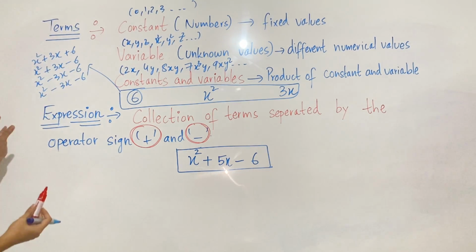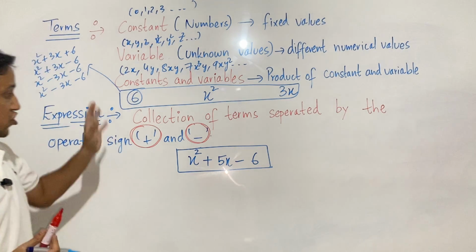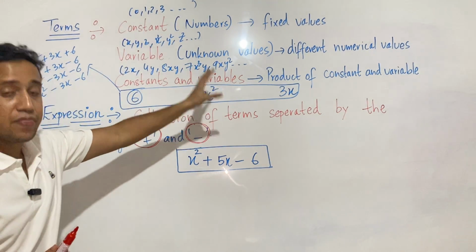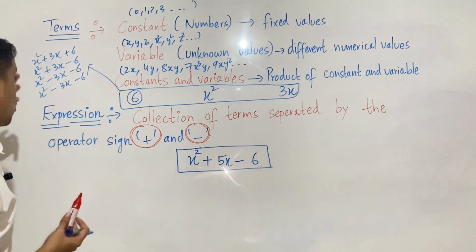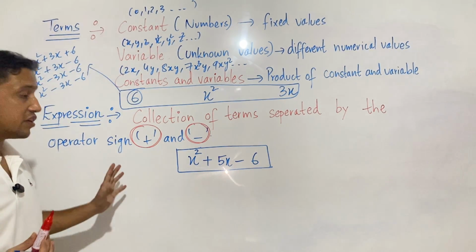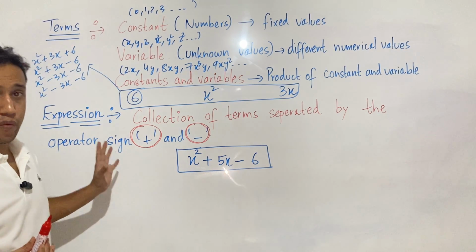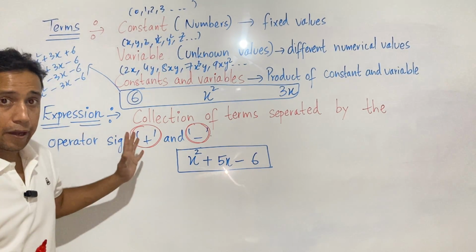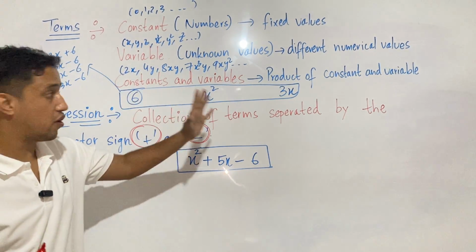Now see here, when we arrange terms in the form of expression, we have to take note of one point, that all the terms should be arranged in the descending order of their powers.